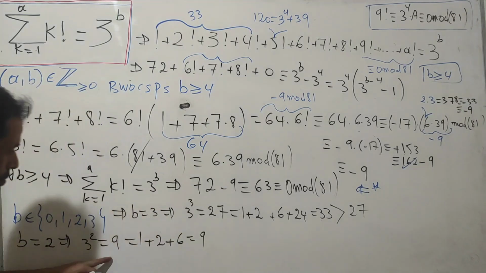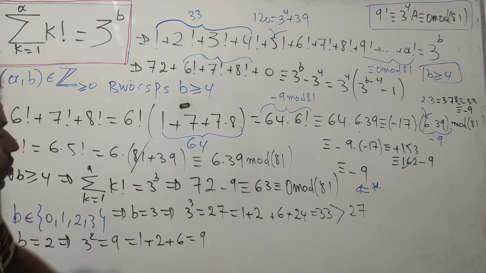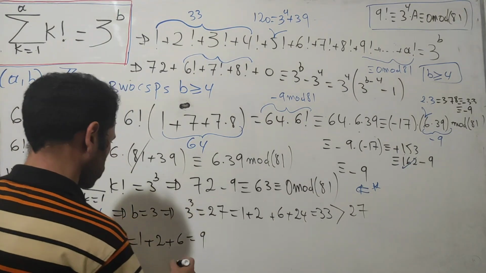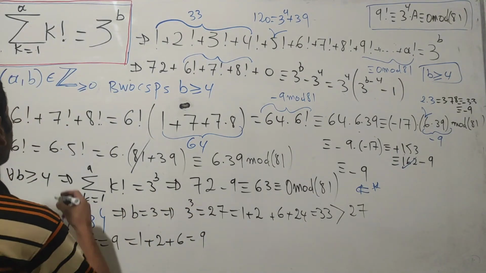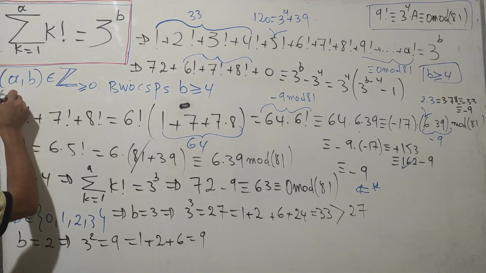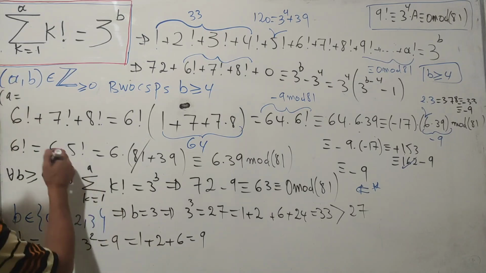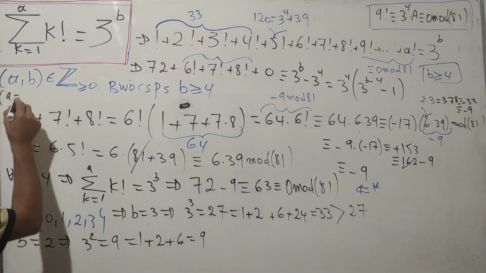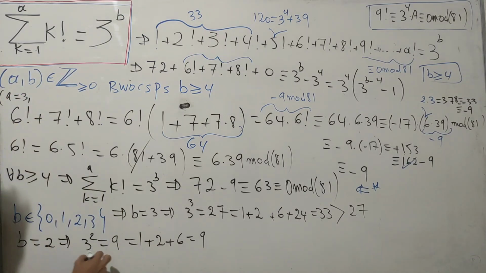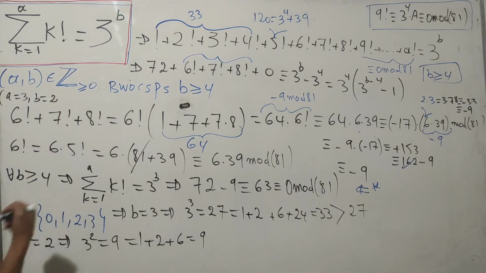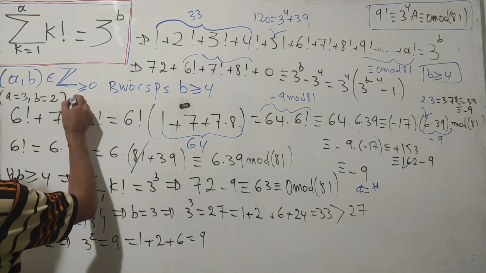This one is a solution, because both sides of the equation are equally balanced, which means we have a solution. So the first solution: since we have 3 terms here, a is representing the number of terms, which is 3, and b equals 2. So this is the first solution.